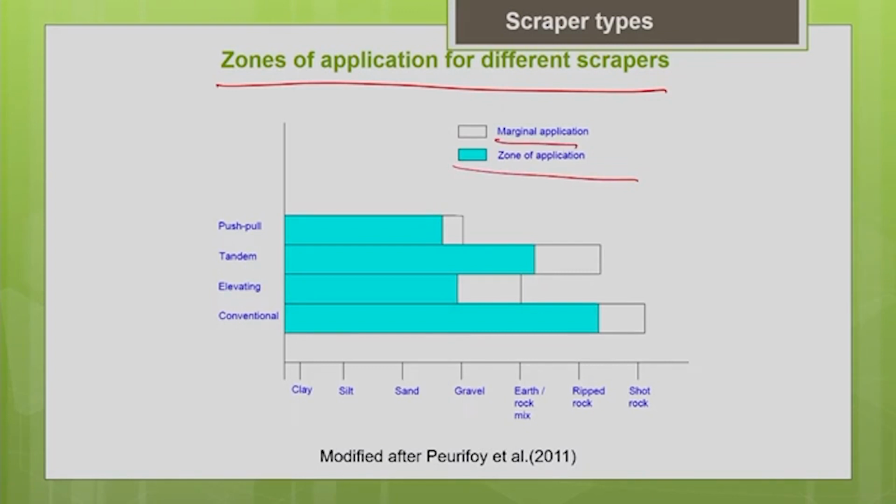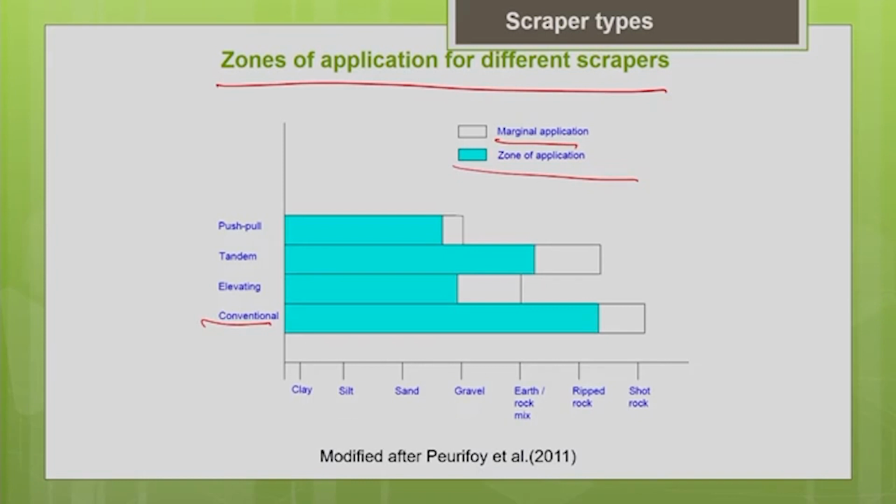The conventional pusher-loaded scraper has a wider zone of application with respect to material type. It can easily handle most materials, and marginally it can handle shot rock, but overall its zone is wider compared to other types of scraper.